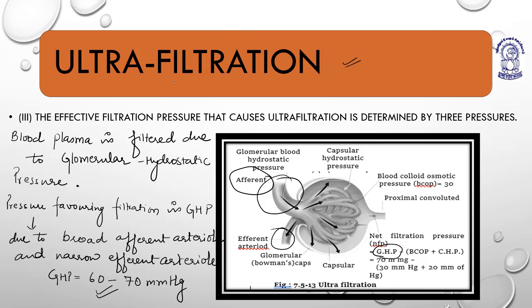The effective filtration pressure that causes ultrafiltration is determined by three pressures. One is the glomerular hydrostatic pressure, which is favorable. The blood colloidal osmotic pressure, BCOP, and capsular hydrostatic pressure are opposing. Blood colloidal osmotic pressure is due to albumin protein in blood.